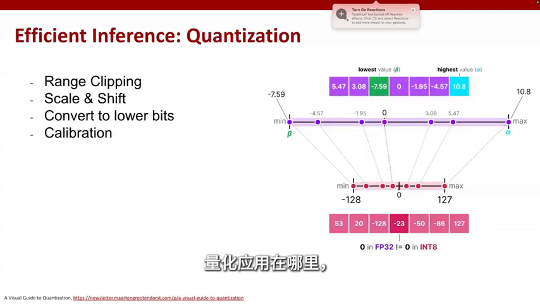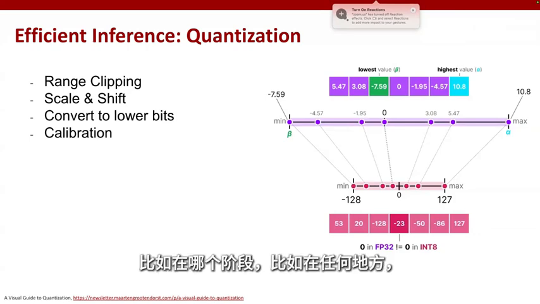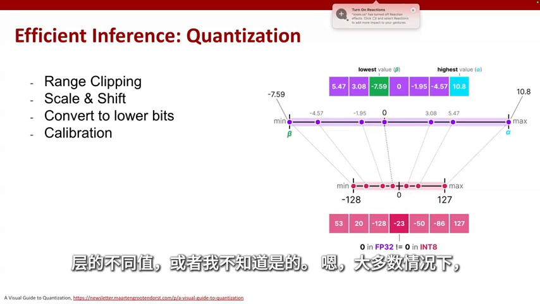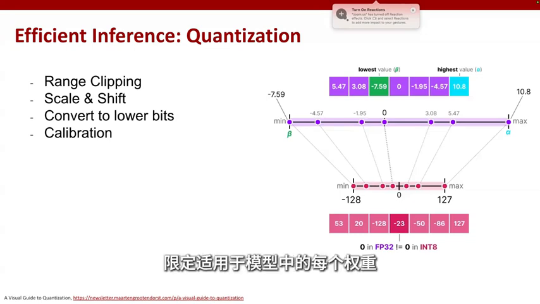Where is the quantization applied? At which stages? Everywhere you have floating point values, in the intermediary layers, or? Quantization applies to every weight in the model.